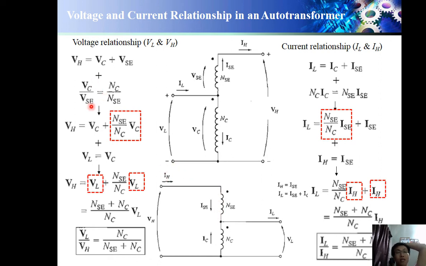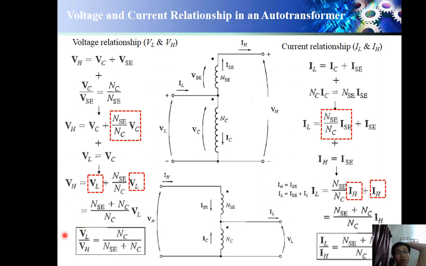Then VC over VSE equals NC over NSE. Now I change this VSE by using this equation. Then VL equals VC, right? VL equals VC. So I change the VC to VL. Then I factorize VL.